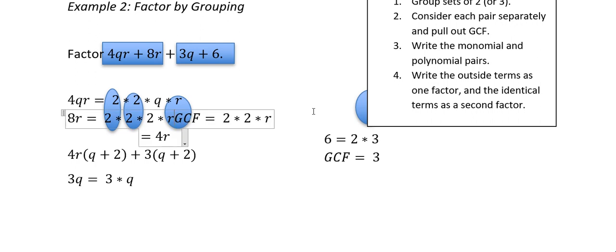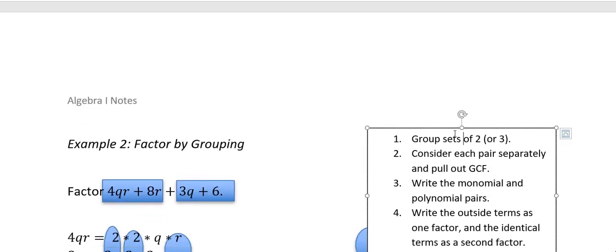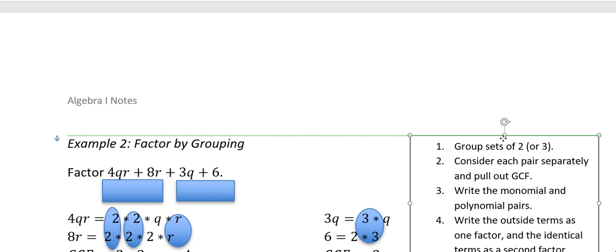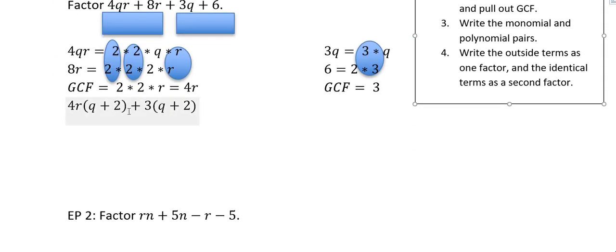I thought that might do that. Oh boy. Let me slide this over so it doesn't mess with my columns. Okay. So here we have this. We have q plus 2. That is the identical terms. Both of these pairs gave us a q plus 2.